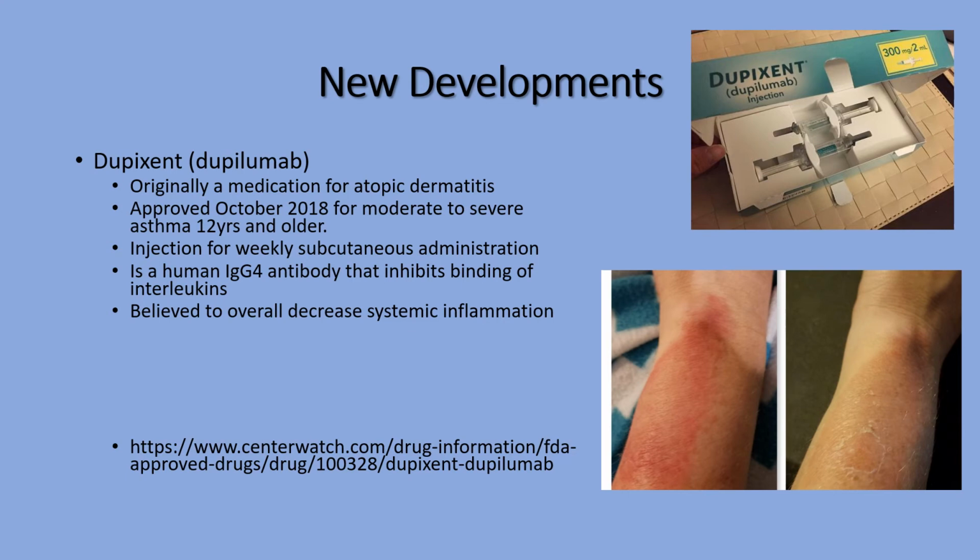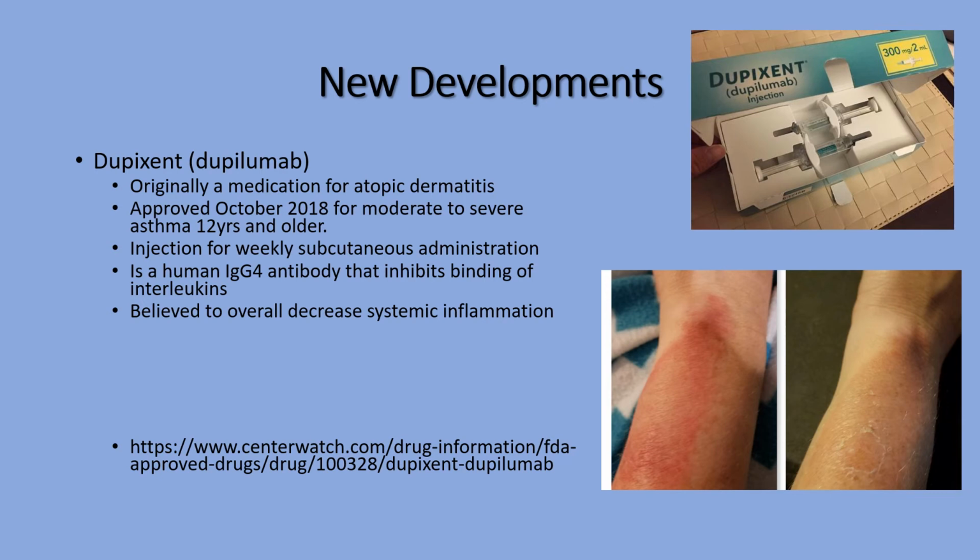So I believe that this has something to do with that systemic inflammation. And even though it might reduce your dermatitis, it's also going to reduce inflammation that's in your lungs. So it's a win-win if you have both of these issues.